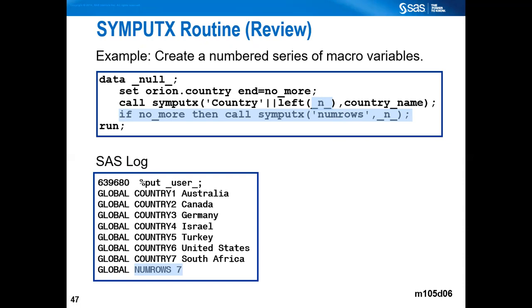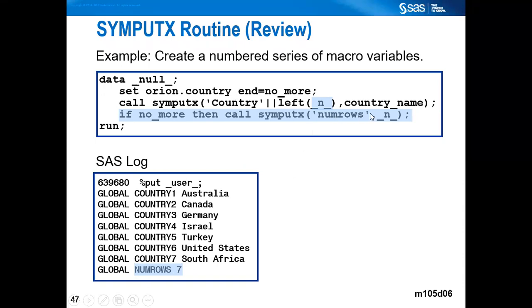Is there only 7 rows in that data set? Yes. I thought we were creating distinct values because each value is separate. No, it's the CALL SYMPUTX routine creating a macro variable country. Depending on how many rows, this data set has only 7 rows.